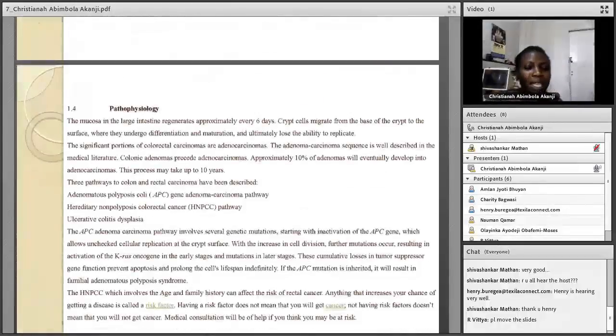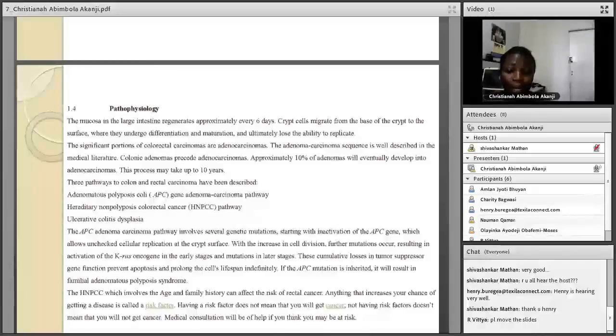The mucosa in the large intestine regenerates approximately every 6 days, and crypt cells migrate from the base of the crypt to the surface, where they undergo differentiation and maturation, and ultimately lose the ability to replicate. A significant portion of colorectal carcinomas are adenocarcinomas.